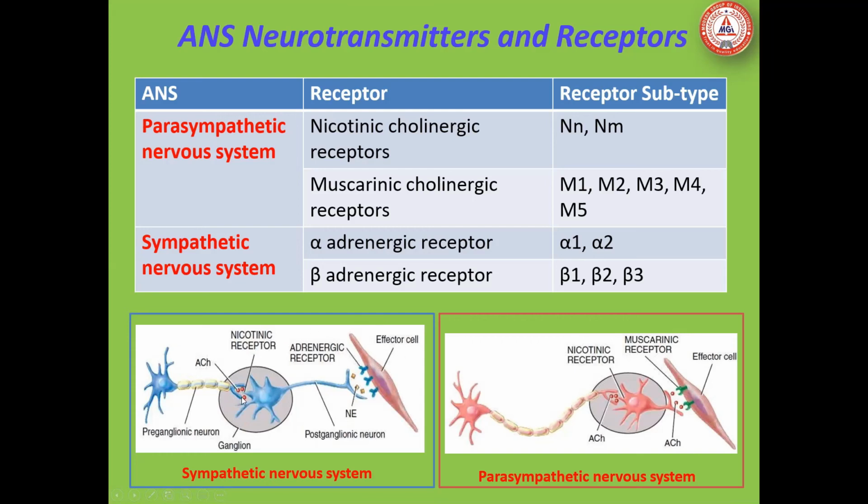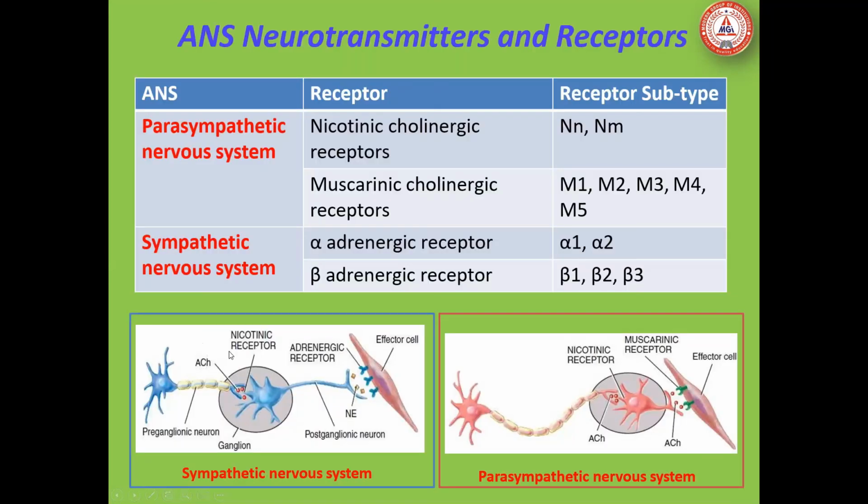And these are the nicotinic receptors, the acetylcholine receptors. Again, the preganglionic neuron consists of a myelin sheath, and the postganglionic neuron does not contain a myelin sheath.